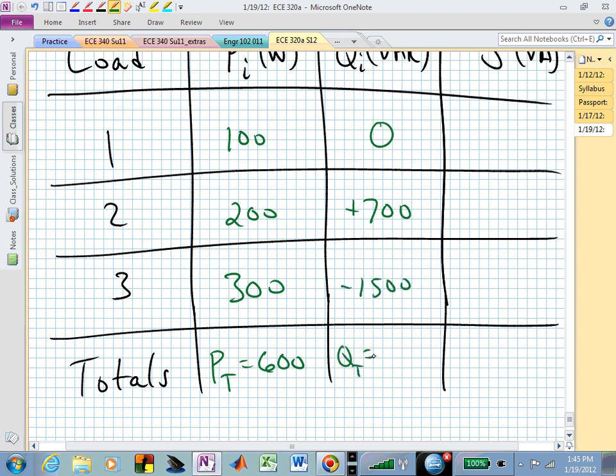So our total here was minus 800 VARs. And our total here would be 600 minus j 800. And now we know what the total complex power is. We know our V. We can compute our I, because we know V I star is S. We'll pick up at that point on Tuesday.